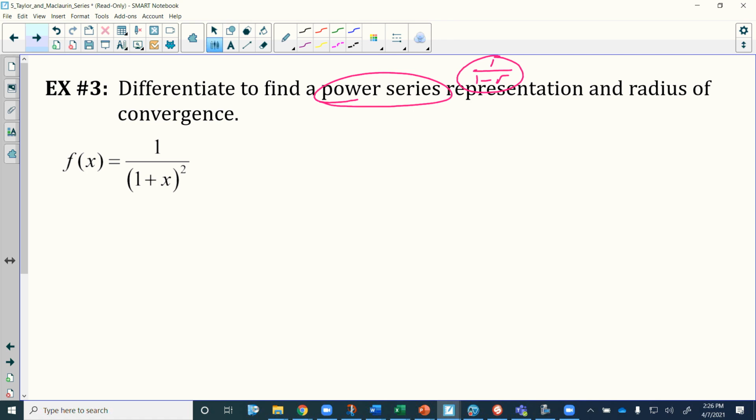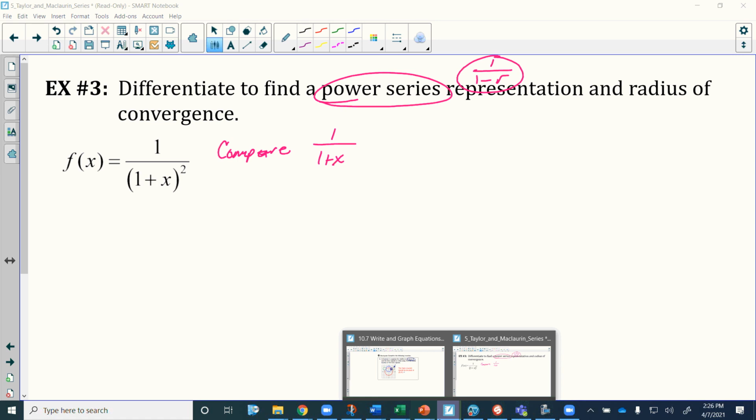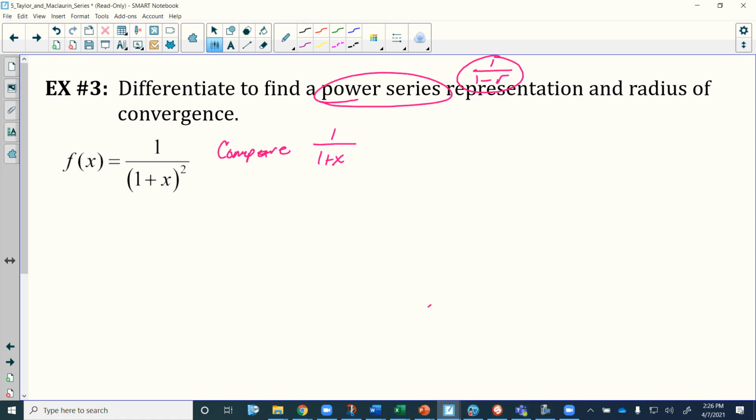Now, the way that I'm going to do this is I'm going to compare it with something that is going to be a little bit more straightforward. I'm going to compare it with the expression 1 over 1 plus x. Now we're going to use that trick that we've done in the past where this part here needs to match this part here, where we need to actually have it in the form of 1 minus r.